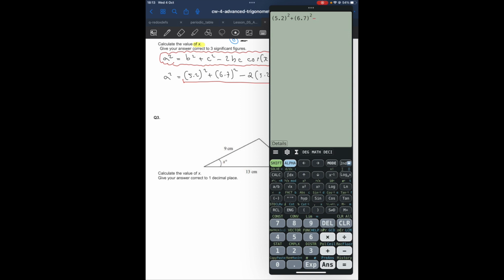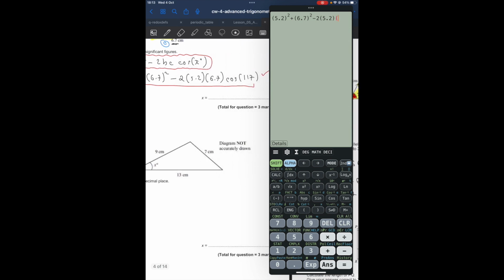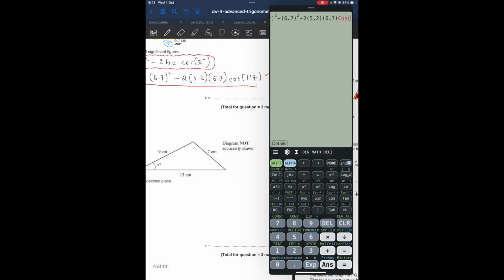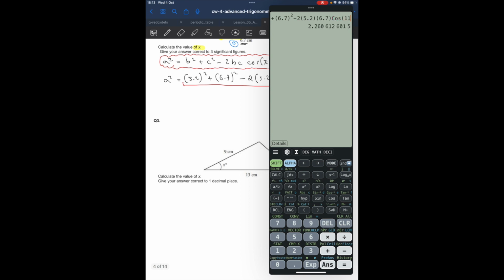So we then put minus 2, open a bracket, we replace the B with 5.2, and then we have the 6.7, close bracket, and finally we have cos of the angle, which is 117 degrees, 117, close brackets. That gives us a value of 103.56. So A is going to be equal to 103.564.